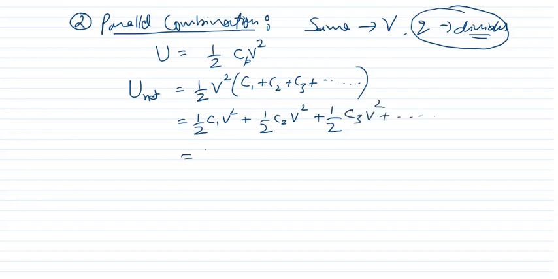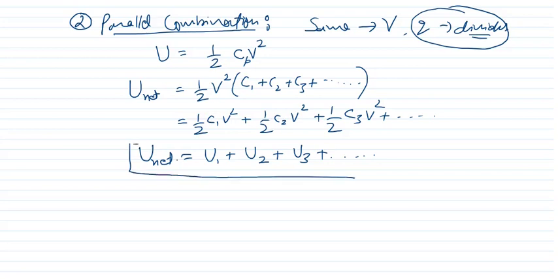And this will become energy stored in capacitor 1, energy stored in capacitor 2, energy stored in capacitor 3 and so on. So therefore in the parallel combination also, net energy is equal to sum of the energies stored in the individual capacitors. Is it clear?